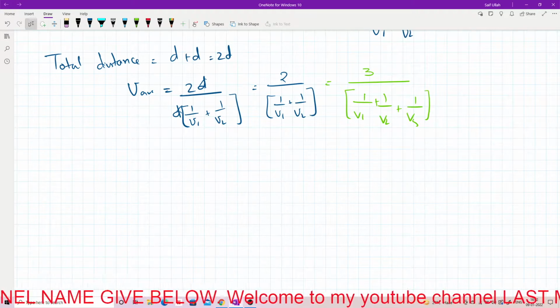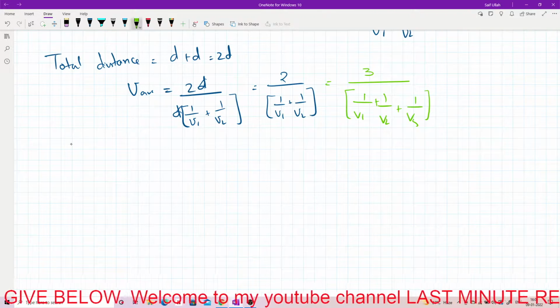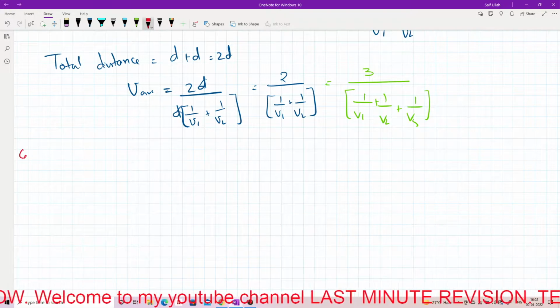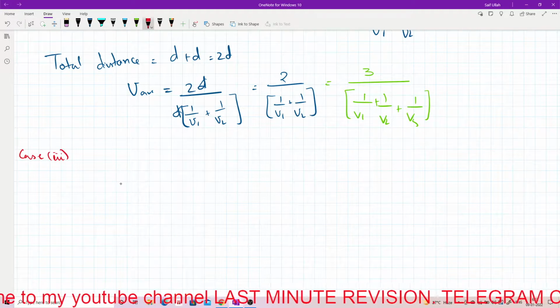In this case, like the previous one, we will have different velocities as well as different distances.